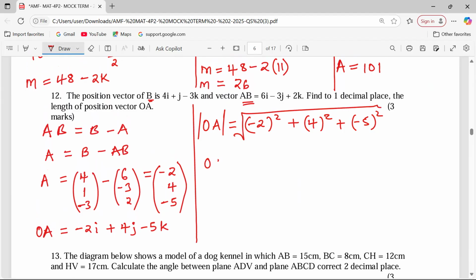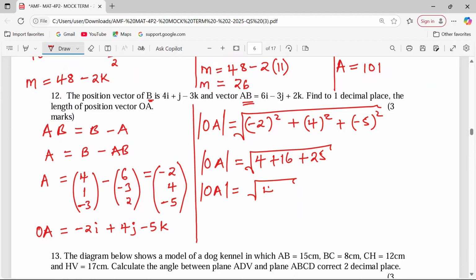So the magnitude or the length of OA shall be 4 plus 16 plus 25. Then we take the square root. The magnitude of OA shall be the square root of 45.